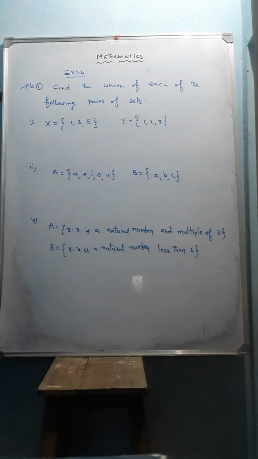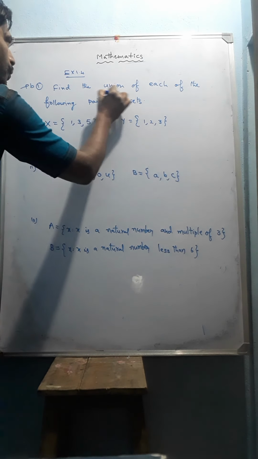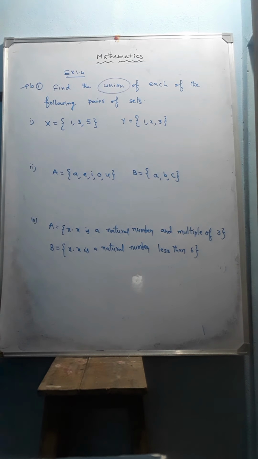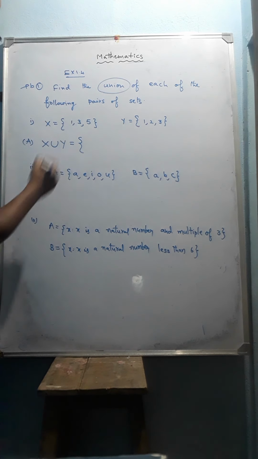Okay, so here we have to find a union. So what is the meaning of union? You just have to club two sets' elements into one set, and if any element is repeated, you just write it down only one time. Okay, so answer: X union Y is equal to the set of.